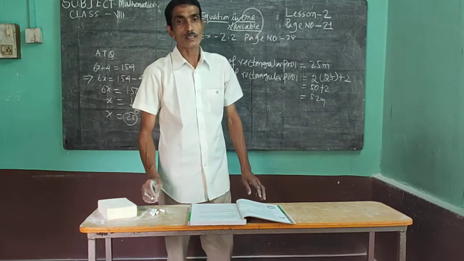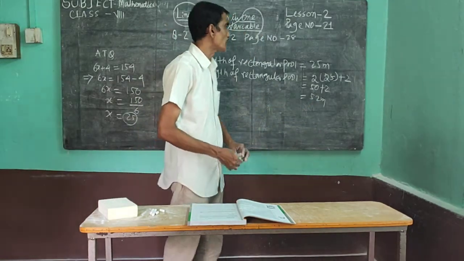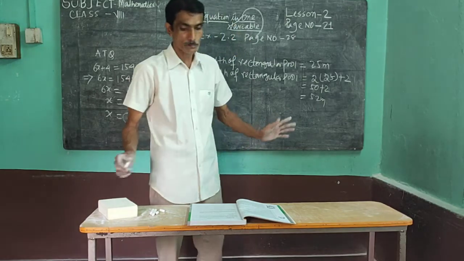Therefore, the length of the rectangular pool is 52 meter and the breadth of the rectangle is 25 meter.